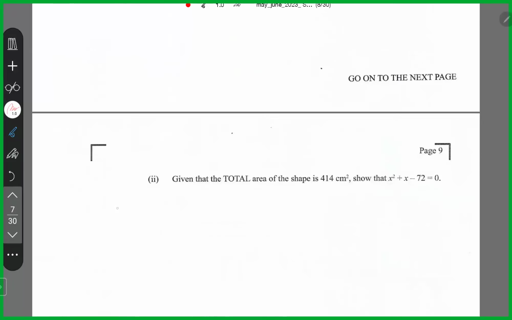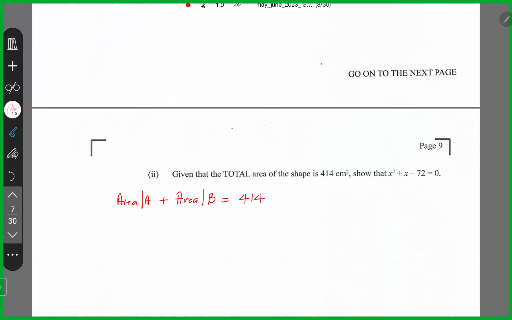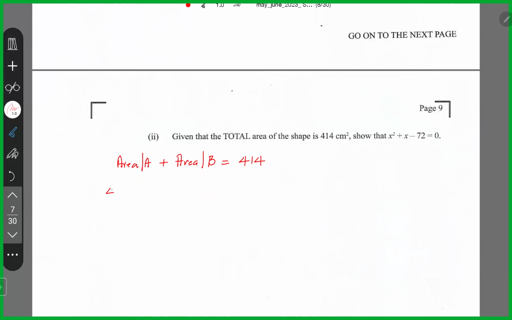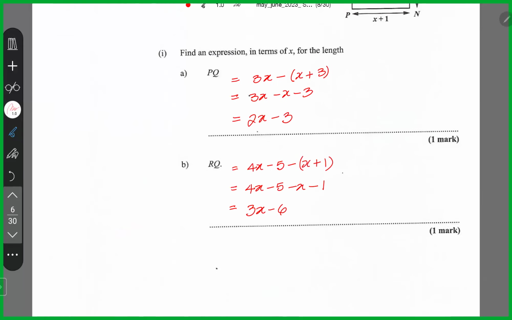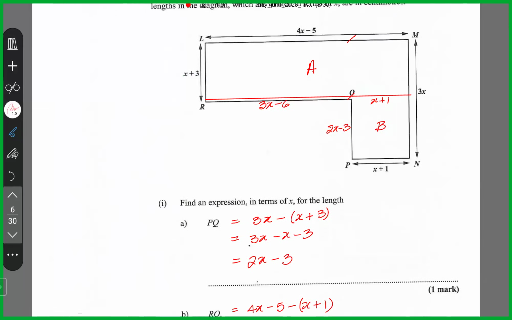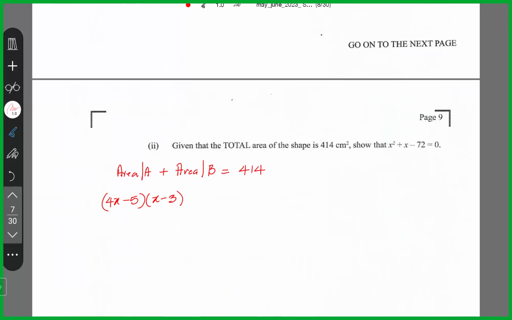The total area, which is the area of A plus the area of B, would be equal to 414. The area of A would be 4x minus 5, the length, multiplied by x plus 3. Let's just double check to be sure. It's always good to double check.